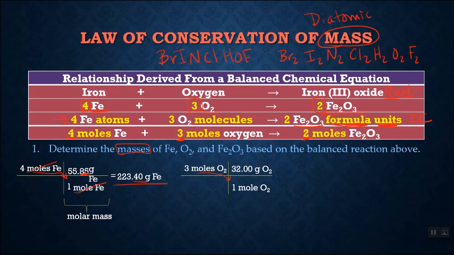Okay, so then we multiply our 3 times our 32 to get the mass of the oxygen, canceling out the moles of the oxygen, which happens to be 96 grams of oxygen.